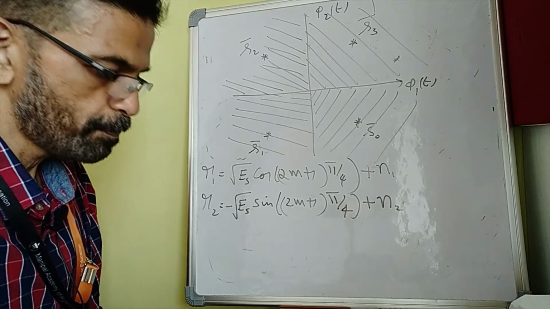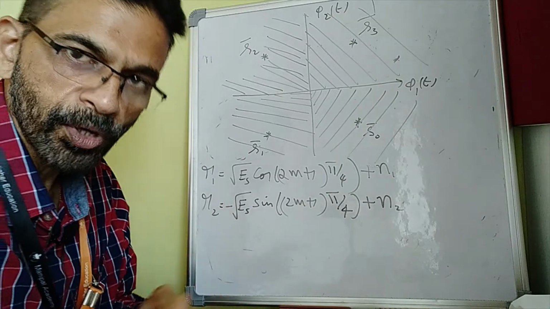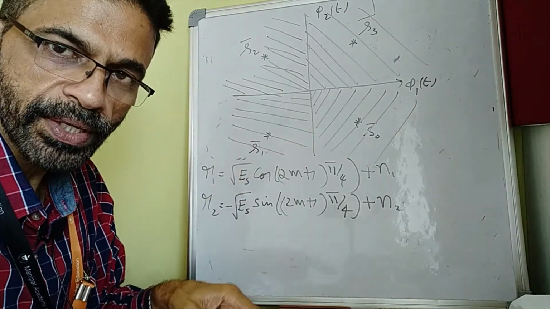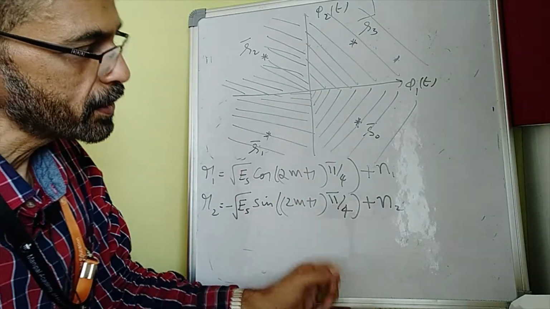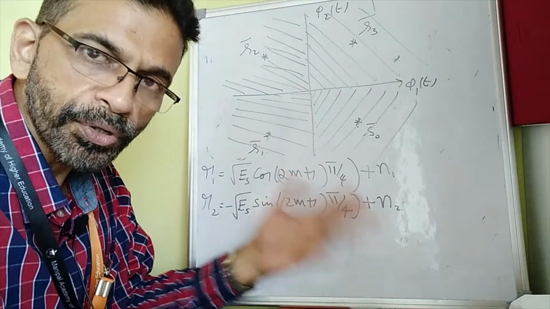Since the whole case is symmetric and the 4 symbols are equiprobable, the average probability of symbol error will be the same as the probability of error in detecting any of these 4 symbols wrongly.